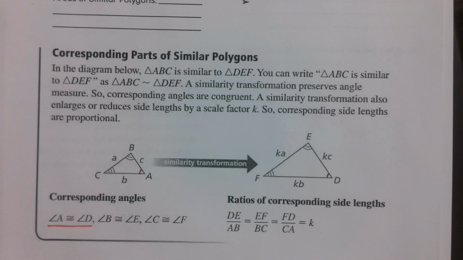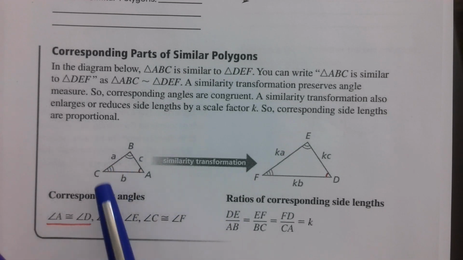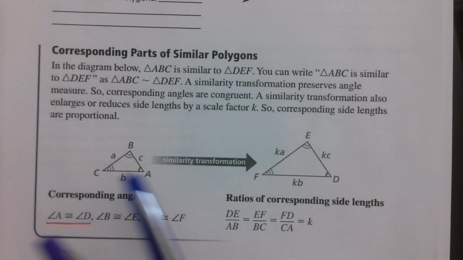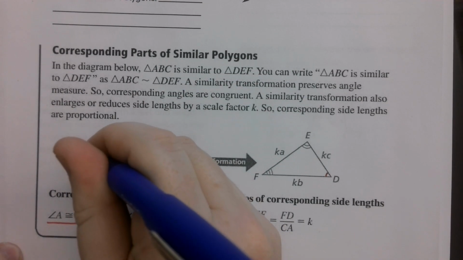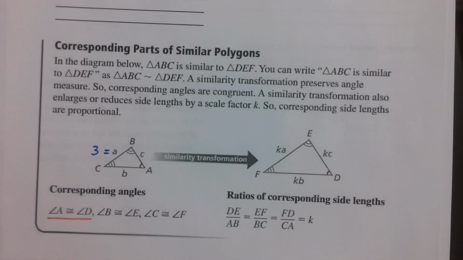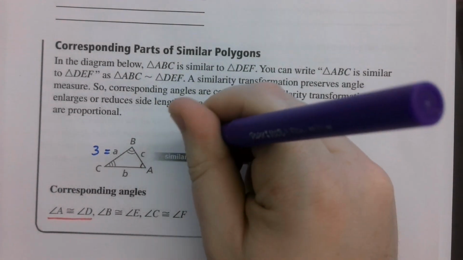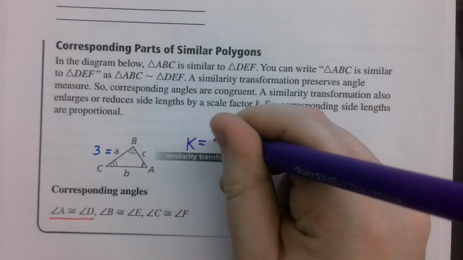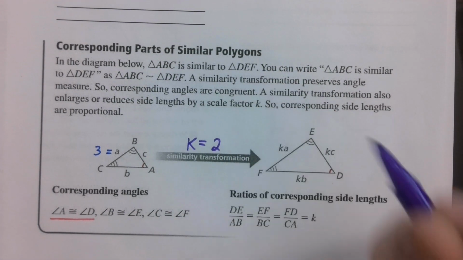But here's the catch. It's not the same triangle necessarily. You can make the triangle larger or smaller by multiplying all the values of your first triangle by some constant k. We call that our scale factor. So let's say, for instance, that a equals 3, and this mystery constant k is 2.